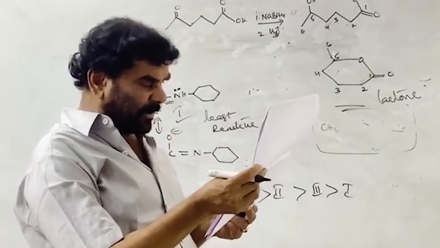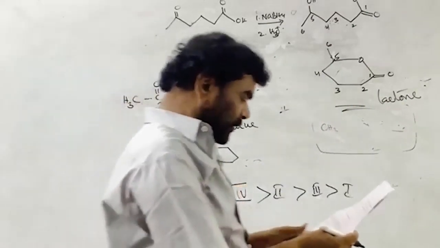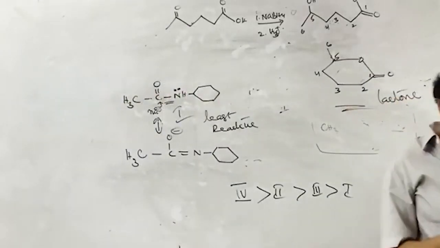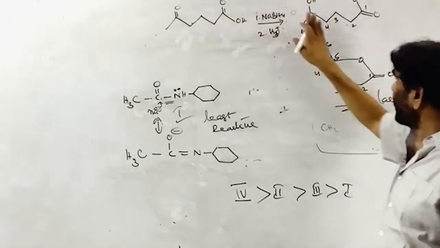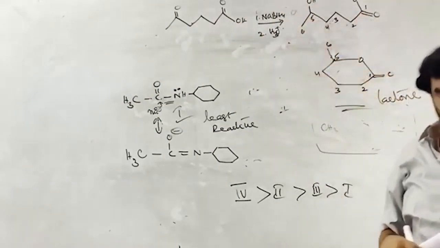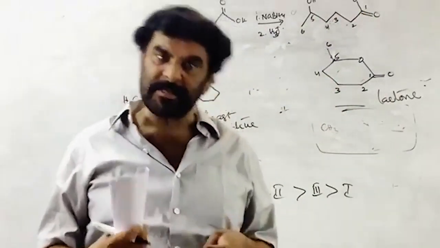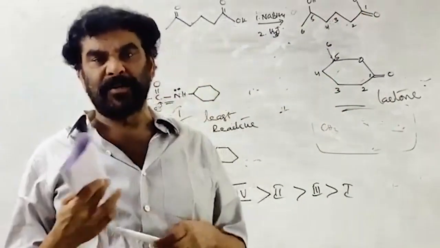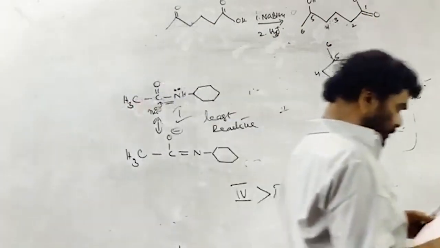So this is the product. Which one is correct? A is the correct option. After the reduction it is converted into a bifunctional compound, the hydroxy carboxylic acid. Hydroxy carboxylic acids take part in intramolecular esterification in the presence of acid. Therefore that is taking place, and a 6-member ring is formed.